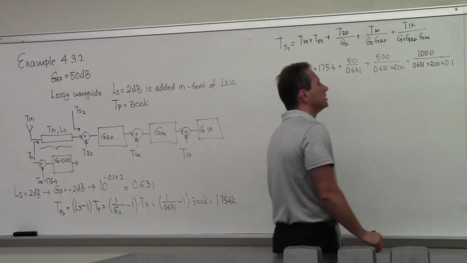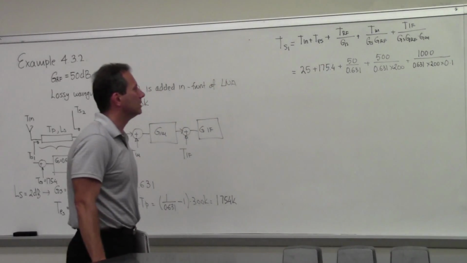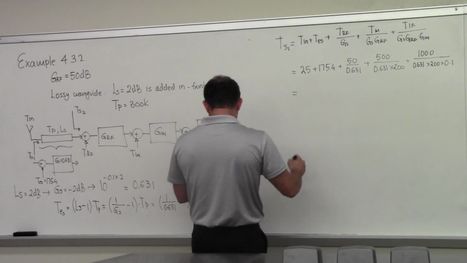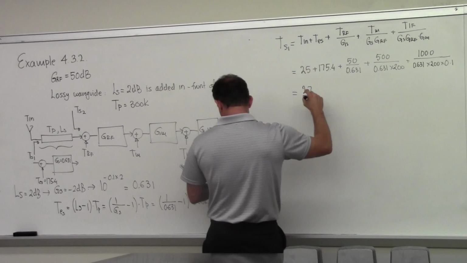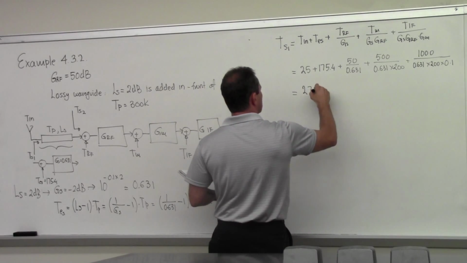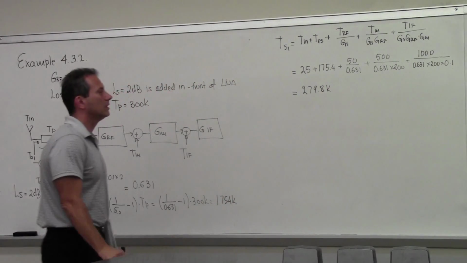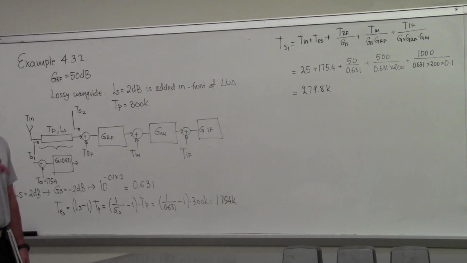We're taking the mixing stage to have a gain of minus 10 dB. So when you complete all the calculations, this is 279.8 Kelvin. So that's the equivalent noise temperature into the waveguide.